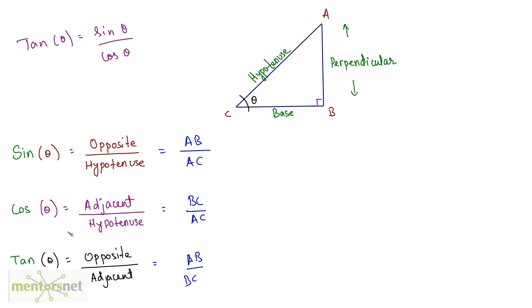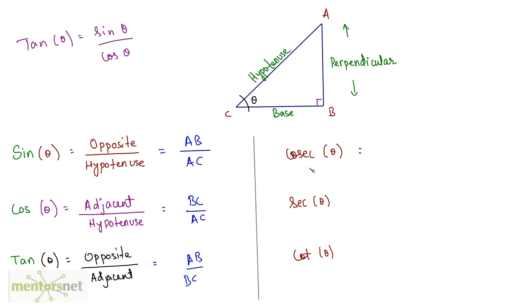Now in addition to all of these three trigonometric functions, we have three more trigonometric functions, and they are completely related to all of these three, and those are cosecant, secant, and cotan. Let me write it. In short, we call them cosec, sec, and cot. Well, these are very simple.